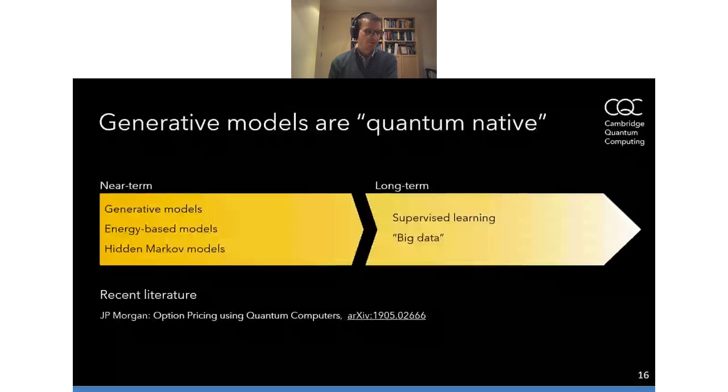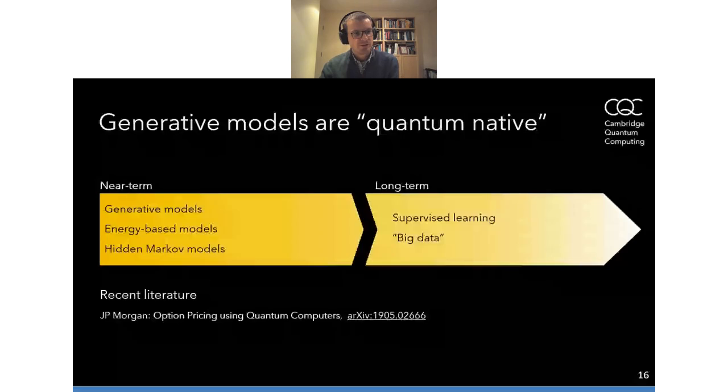And then you can do tasks like sample from this distribution efficiently, or maybe do some reasoning based on this probability distribution of how your data is structured, for example. And there's a fairly natural way to implement these kinds of models on a quantum computer, because a quantum computer, in an abstract sense, basically prepares your probability distribution. And you can sample from it, you can do inference on it.